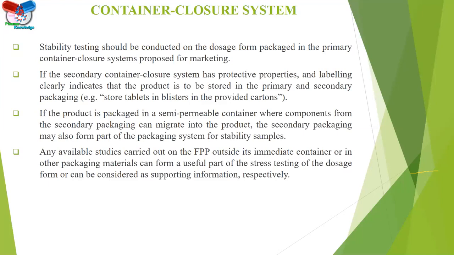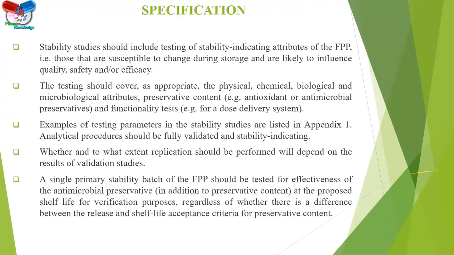Any available study carried out for finished product outside the immediate container or in other packaging material can form a useful part of the stress testing of the dosage form or can be considered as supporting information. Means if I do the stress testing, this will support my stability study.